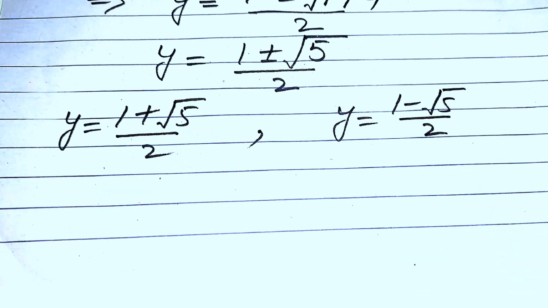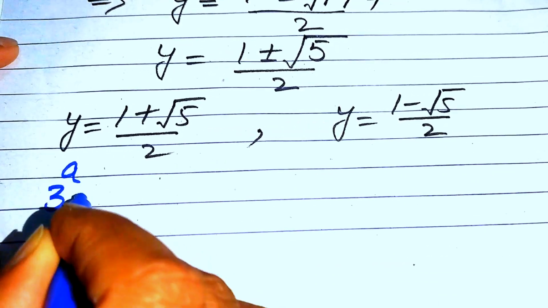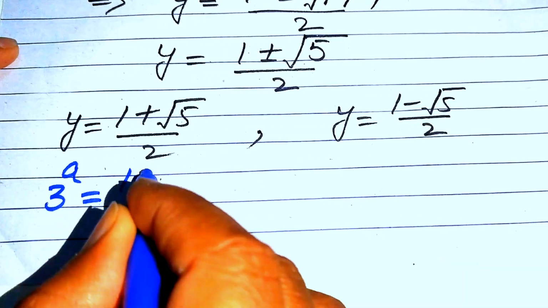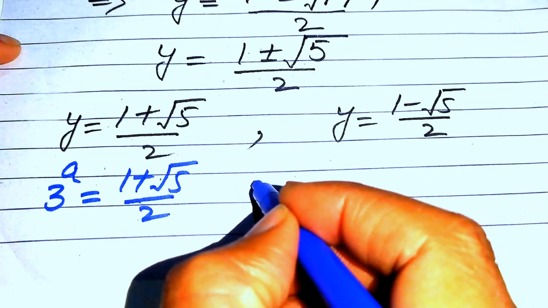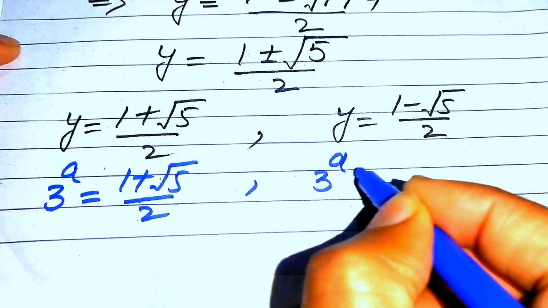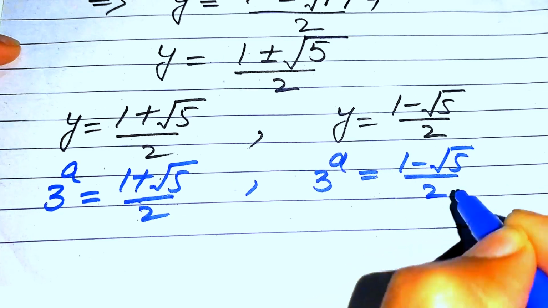Now we back substitute the value of y, since at the start of the problem we took y equals 3 to the power of a. It becomes 3 to the power of a equals 1 plus square root of 5 over 2, and in the other case, 3 to the power of a equals 1 minus square root of 5 over 2.